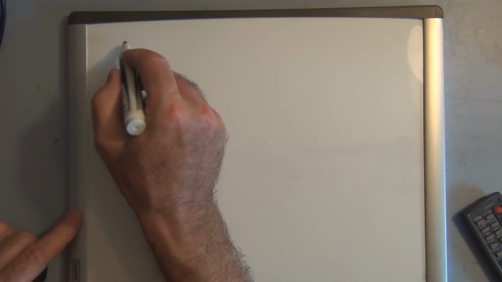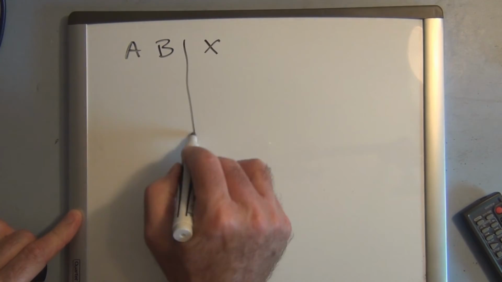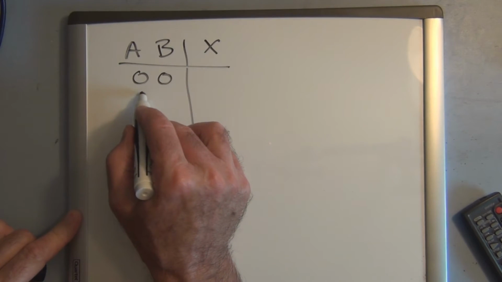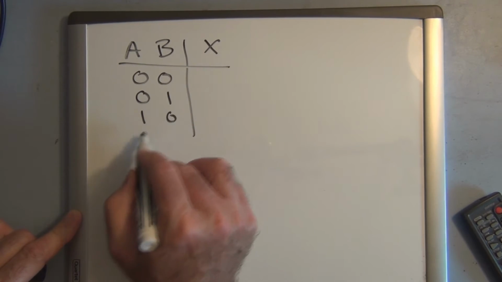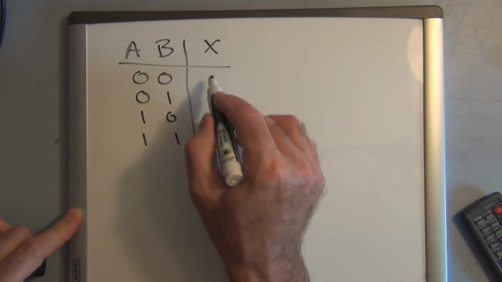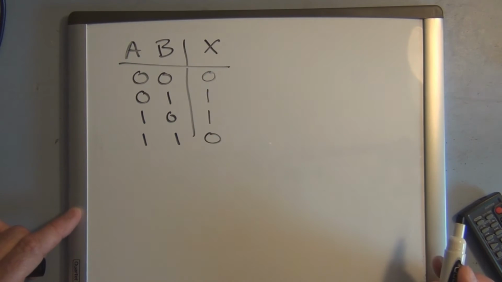So if we had a two-input circuit, A, B, and X, and there were two input conditions that would produce a logic level 1. So what if there were two cases here instead of just one?